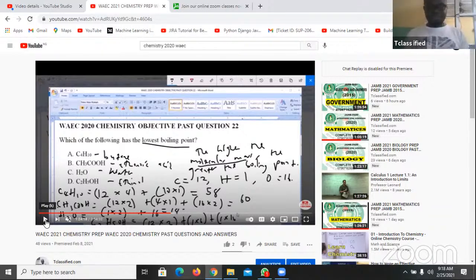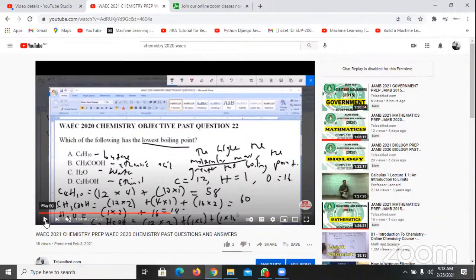Those are the ones that you have to calculate their relative molecular mass or their molecular formula in order to guess what their boiling points could be. Exactly.